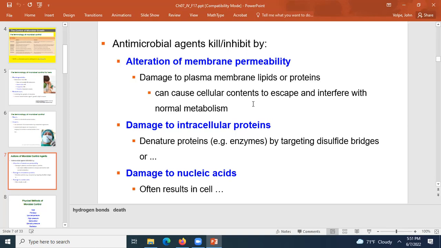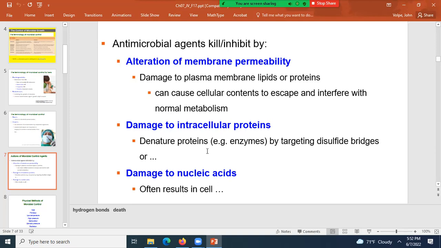You can also damage intracellular proteins. You denature proteins, especially enzymes, by either targeting disulfide bridges or just causing the protein to unfold, and then you can kill the cell. This is actually one of the ways which ethanol damages cells. It denatures proteins.